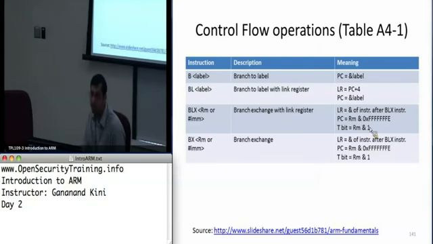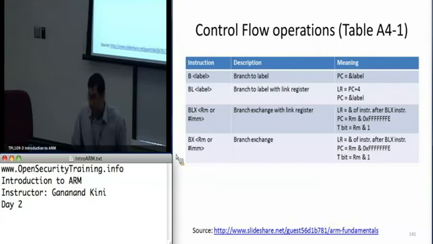So if you're in thumb mode and you want to branch to a new label, if you set that least significant bit of the address, the thumb mode bit actually gets updated with that bit. So the address can be odd or even, depending on the destination mode you want to switch to.